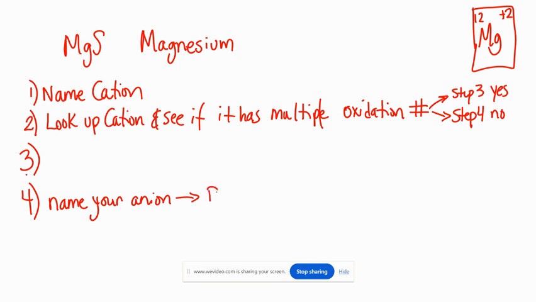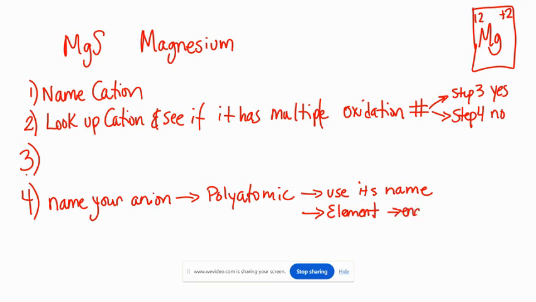If it's a polyatomic, it gets the polyatomic name. If it is an element, change the ending to "ide."